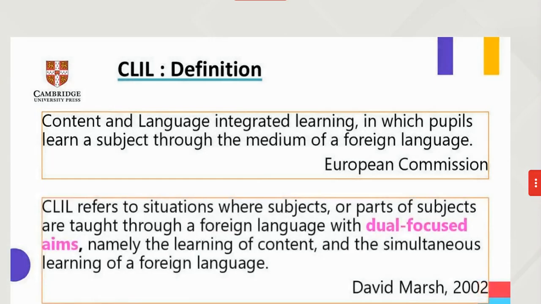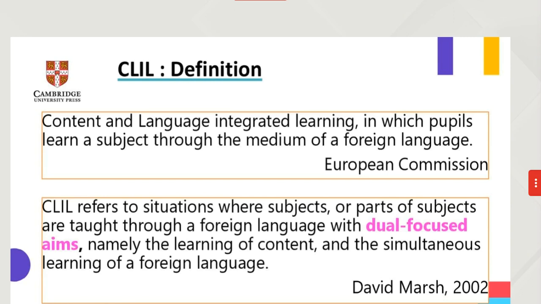Here's another definition, which is from David Marsh, who created the term CLIL. CLIL refers to situations where subjects or parts of subjects are taught through a foreign language with dual focused aims, namely the learning of content and the simultaneous learning of a foreign language. So this definition gives us a much more detailed description.